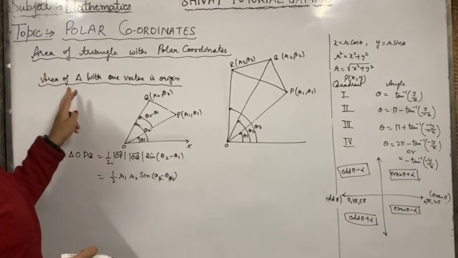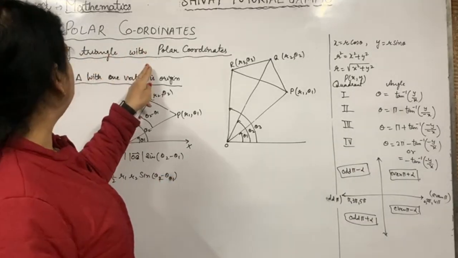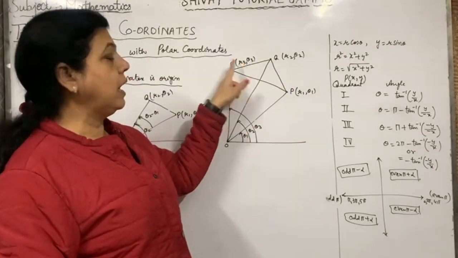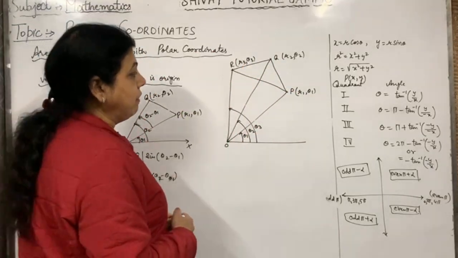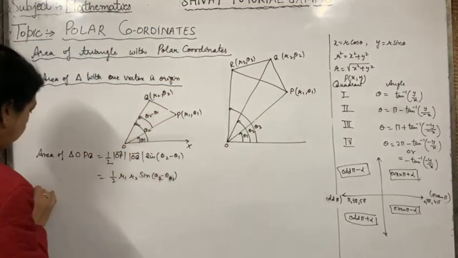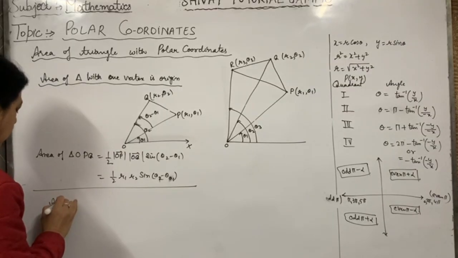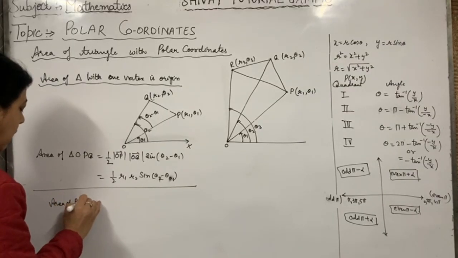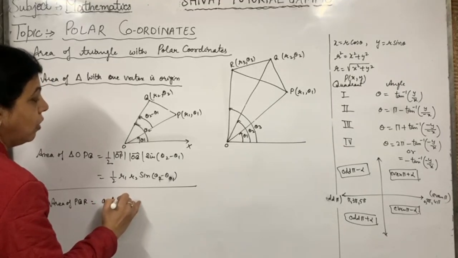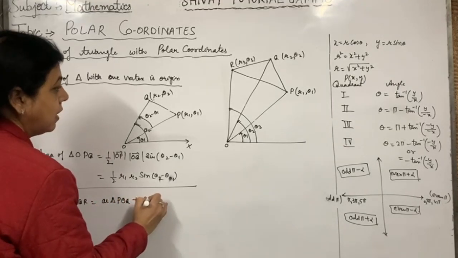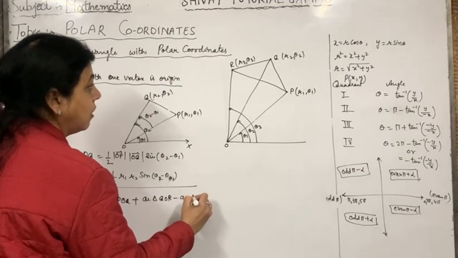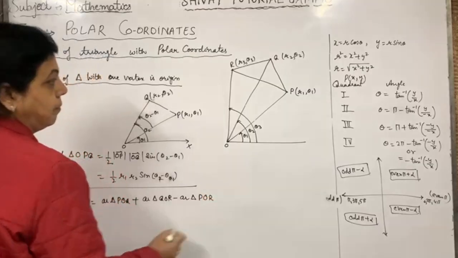Now, with this formula, we will find the area of a triangle with polar coordinates r1 theta 1, r2 theta 2 and r3 theta 3. Firstly, we will find the area of triangle OPQ. Then the area of triangle PQR will be the area of triangle POQ plus the area of triangle QOR minus the area of triangle POR.